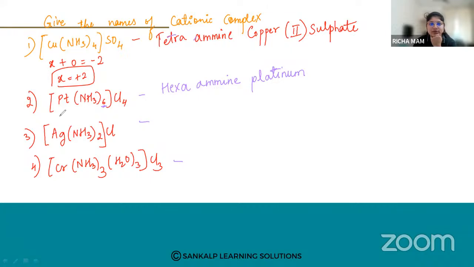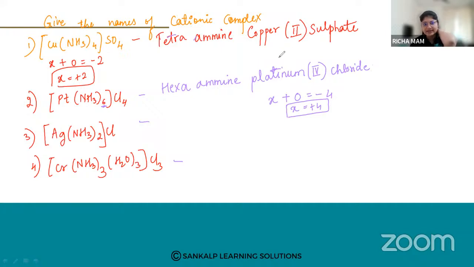Platinum is X plus ammonia is a neutral molecule, so it will be zero. Then what you have equals to minus 4. So X is equals to plus 4. So platinum charge is plus 4. And then what you have to write? Chloride. Outside this is your negative charge, that is chloride. Okay. So this is the naming.